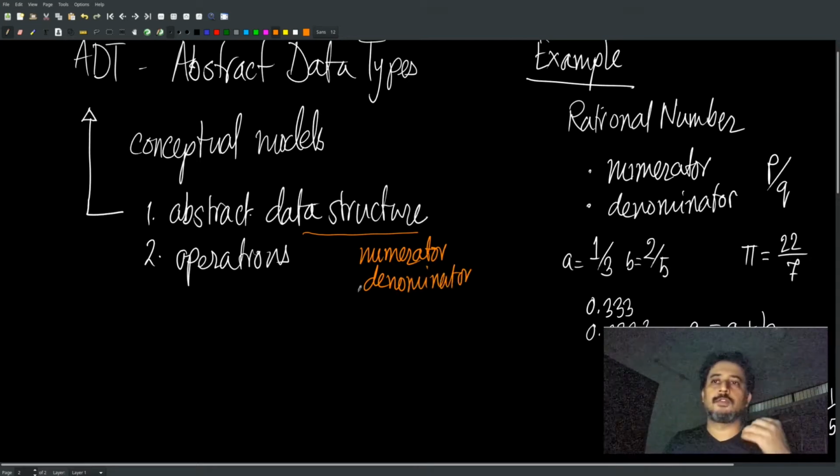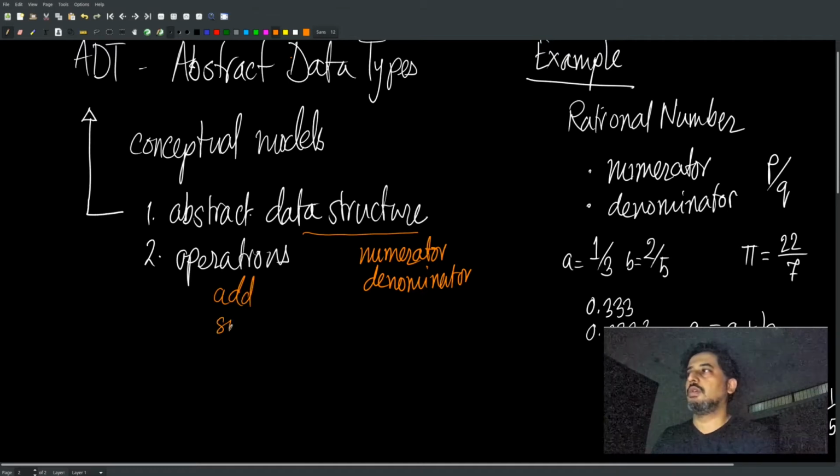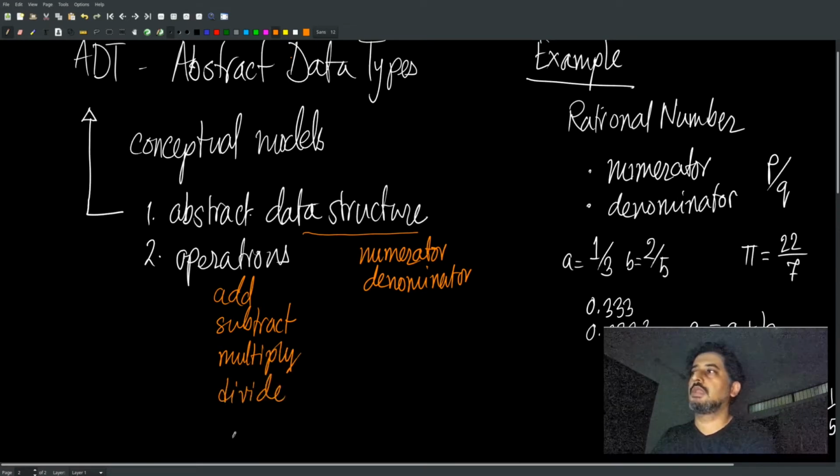And for the operations for this particular mathematical model, and this example is just pure math, you can say that given two rational numbers you can carry out an add operation, a subtract operation, a multiply operation, and a divide operation. What else? For a rational number, maybe we want to define another operation, like 16 divided by 12, which you can reduce further.